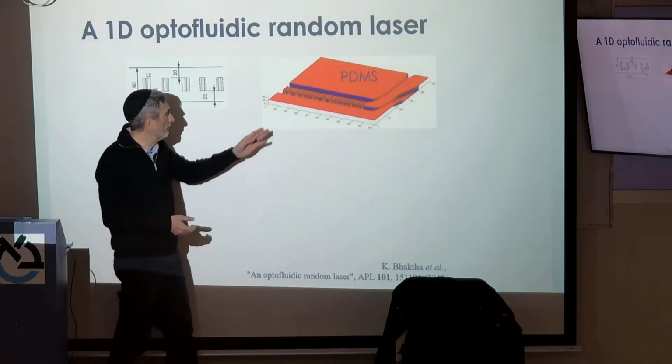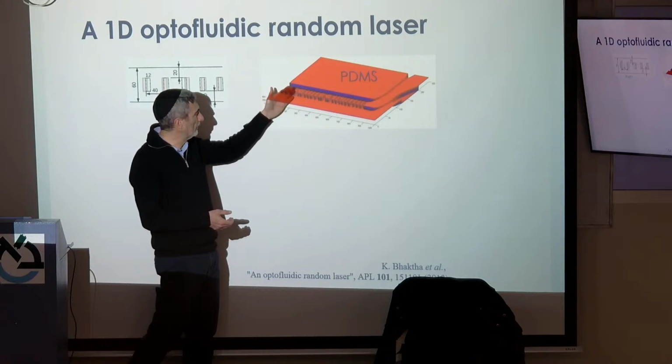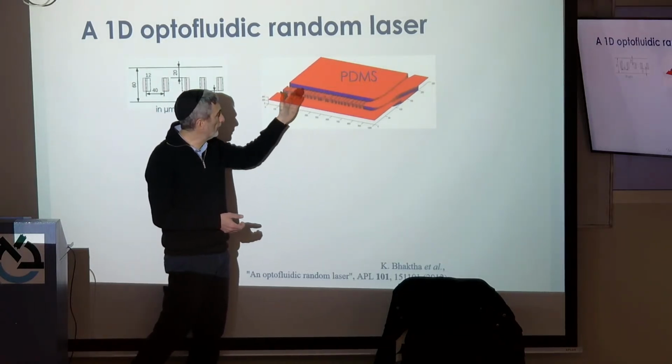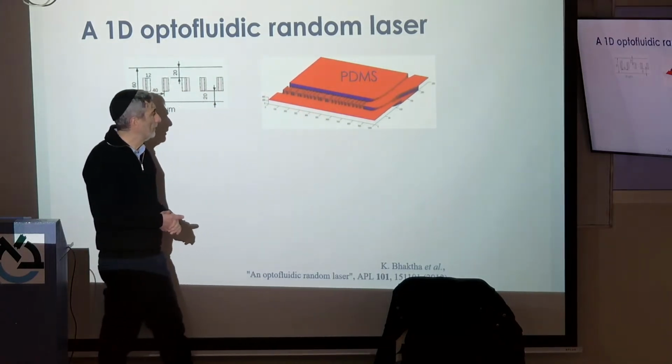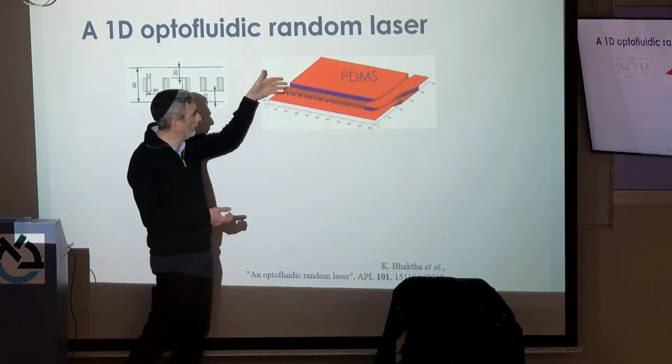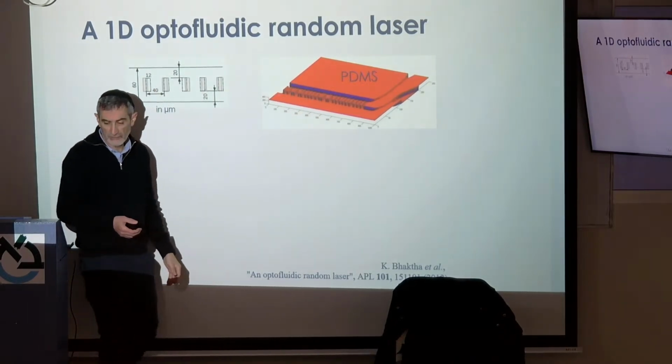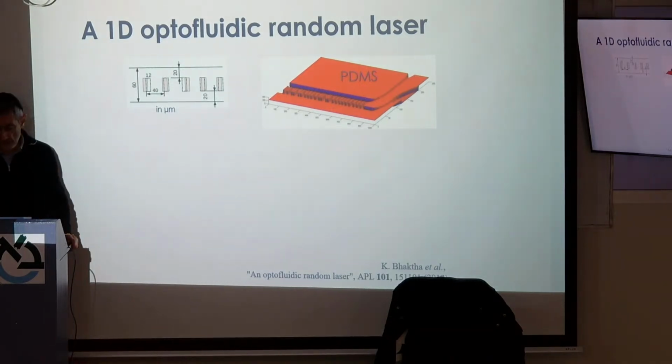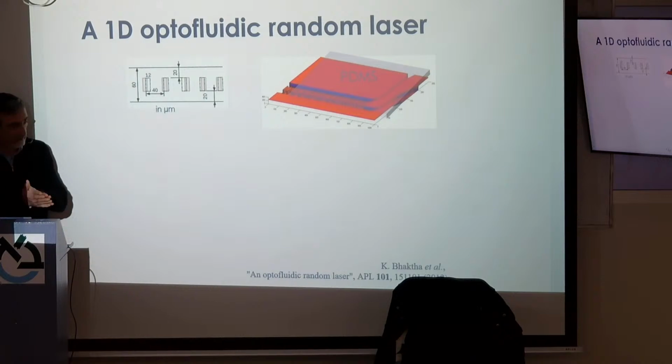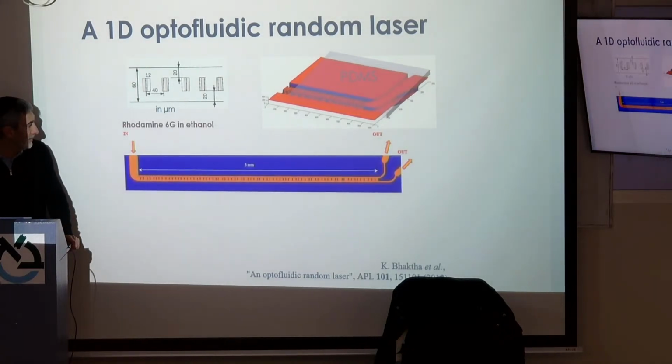So the idea is that we have a structure here which is random. So it's not periodic but a completely random one-dimensional structure, and there is a flow of laser dye, which is the gain medium, through the system, and we close the system. So that's an image of the structure.